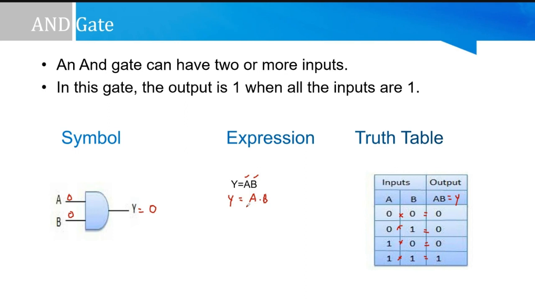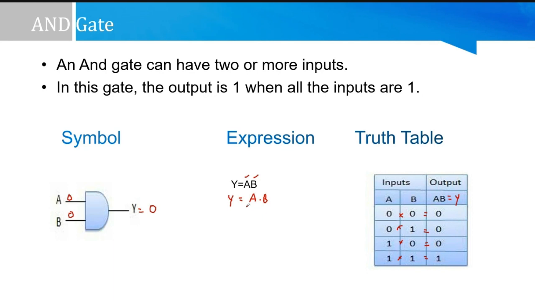What are the applications? Why do we need the AND gate? If both conditions are true, then only it will execute.